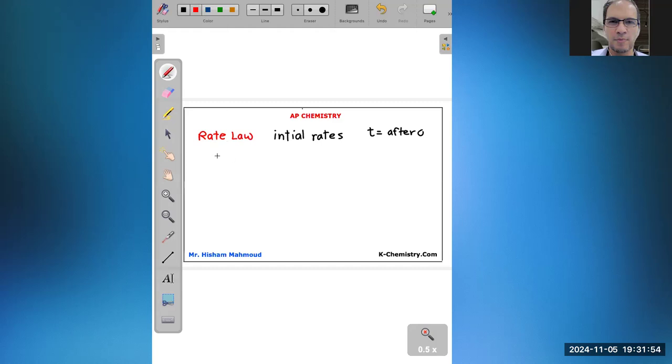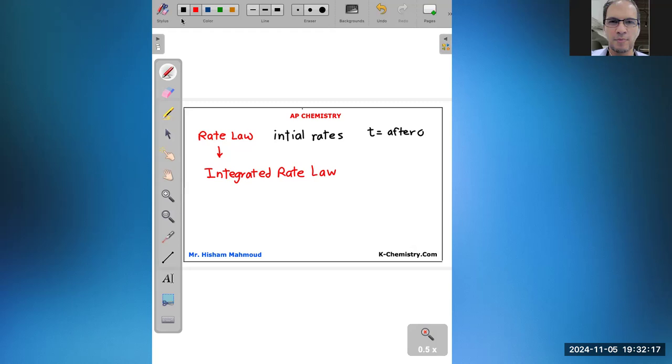The second method for finding the rate of the reaction or the rate law is the integrated rate law. And this one is a little bit more complicated because it depends on integration, but it gives us an idea about what happens through the whole reaction.